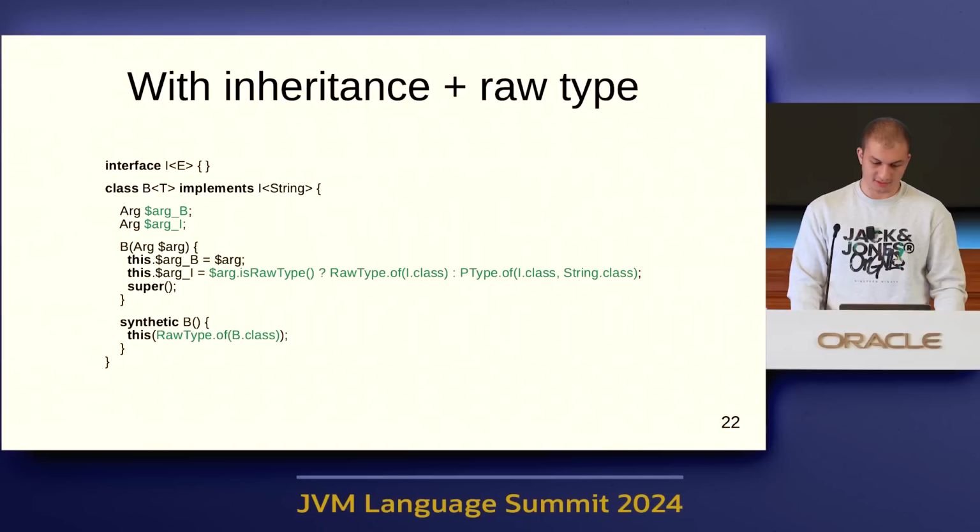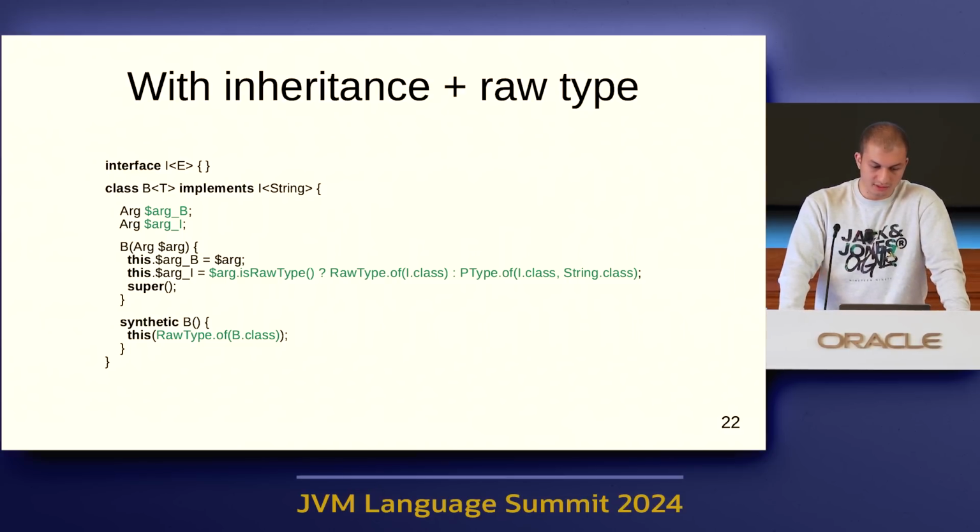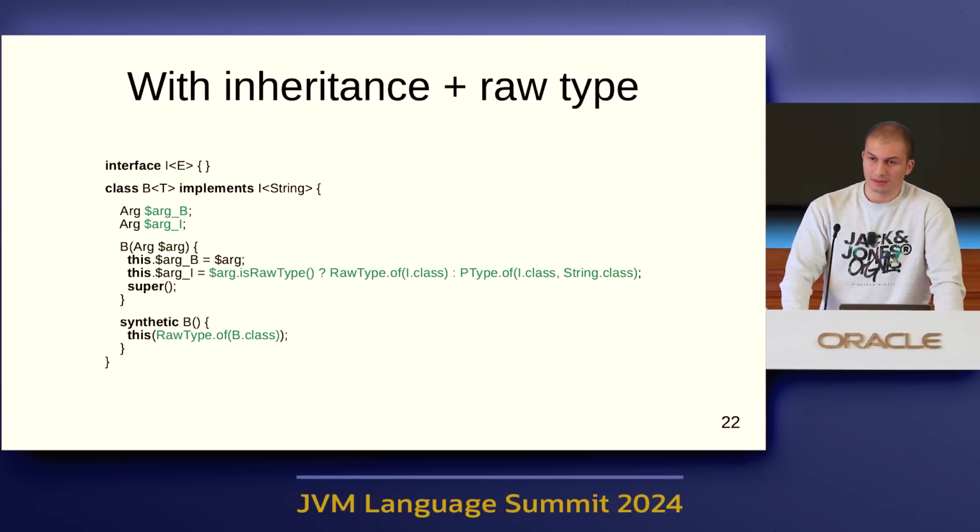To handle this behavior in the prototype, we had to do the following. First, we have this time two fields, one representing the arguments of B, and one representing the arguments of the I interface. When it comes to the B parameter field, we do not need to change anything. But this time for the I, we first need to check if the arg parameter is a row type.